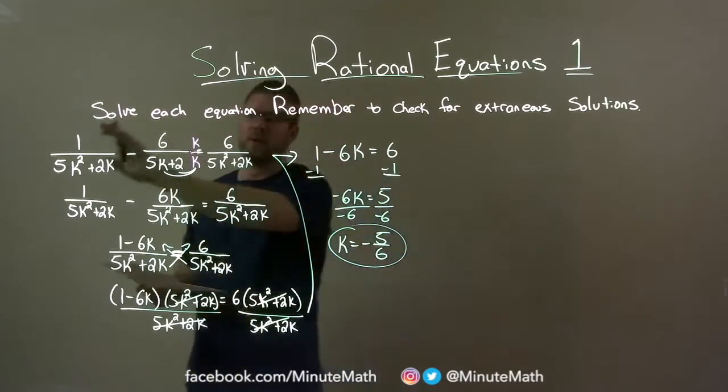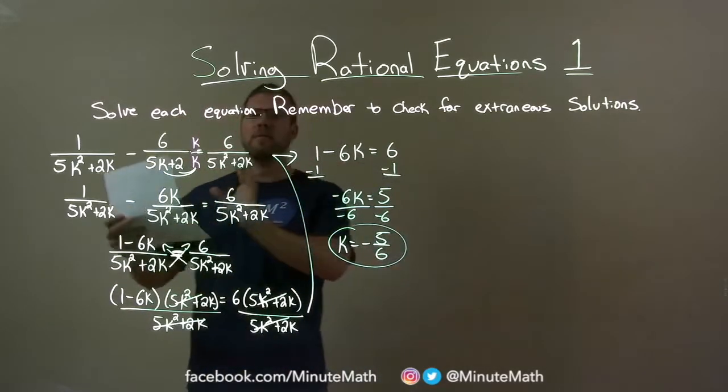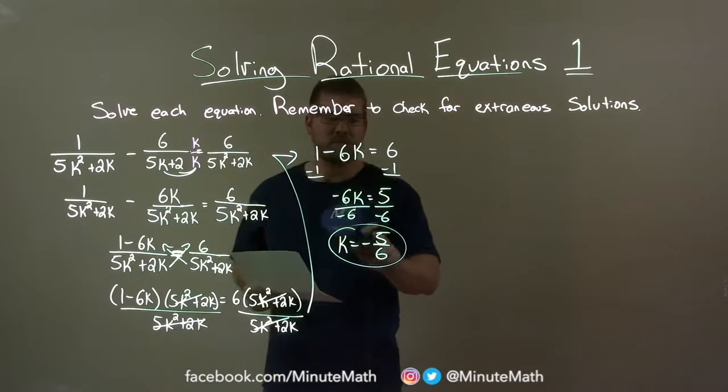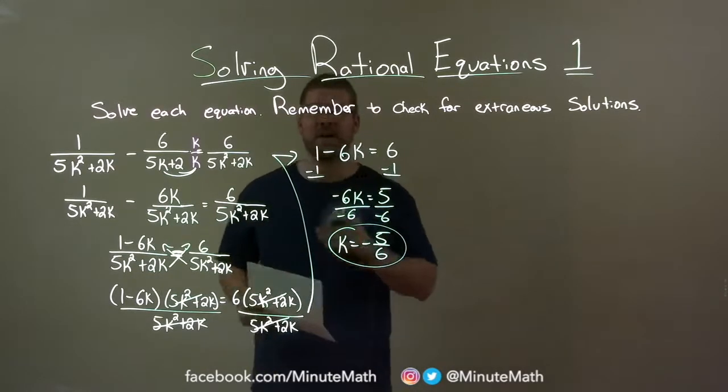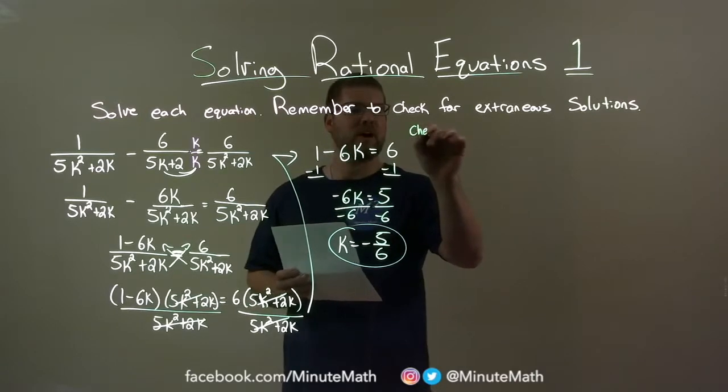So I'm going to rewrite my original equation, minus that pink part there. I'm going to leave everything on the left and right hand side, but I'm going to substitute negative 5/6 for k. This is our check right here.